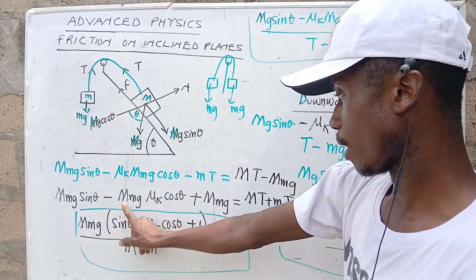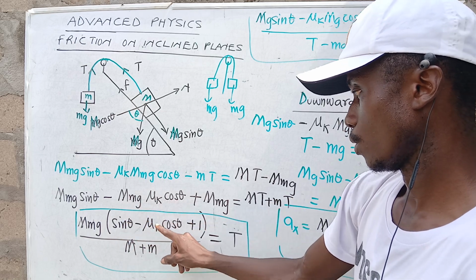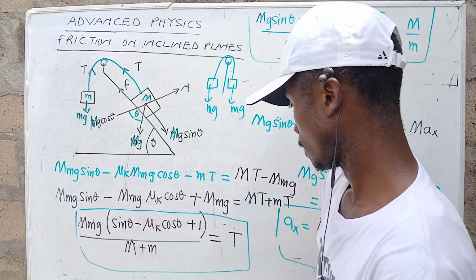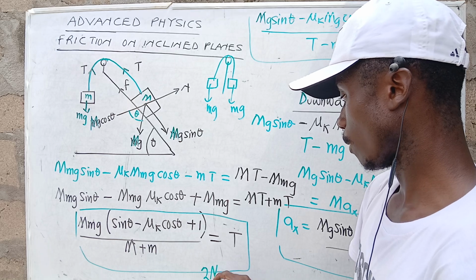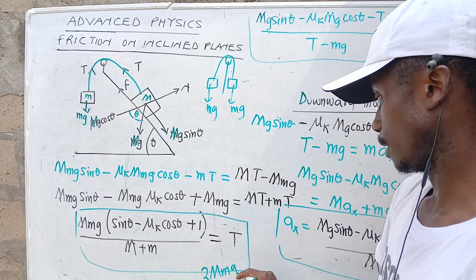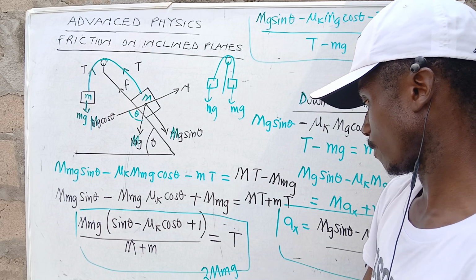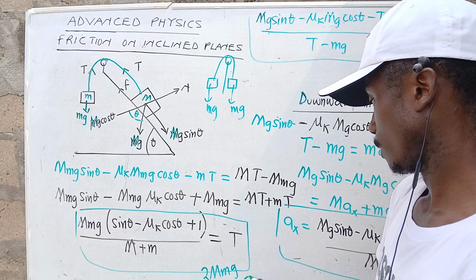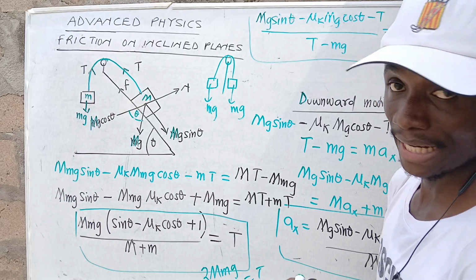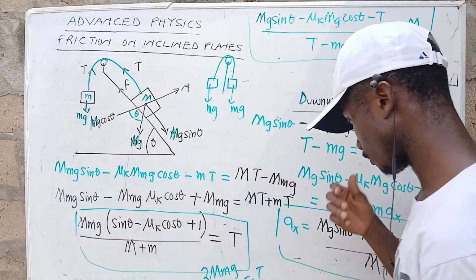This would be 1. 1 plus 1 will be 2. So that will be 2 times capital M small m g, divided by capital M plus small m. That will be equal to the tension in the string when the system is at 90 degrees.